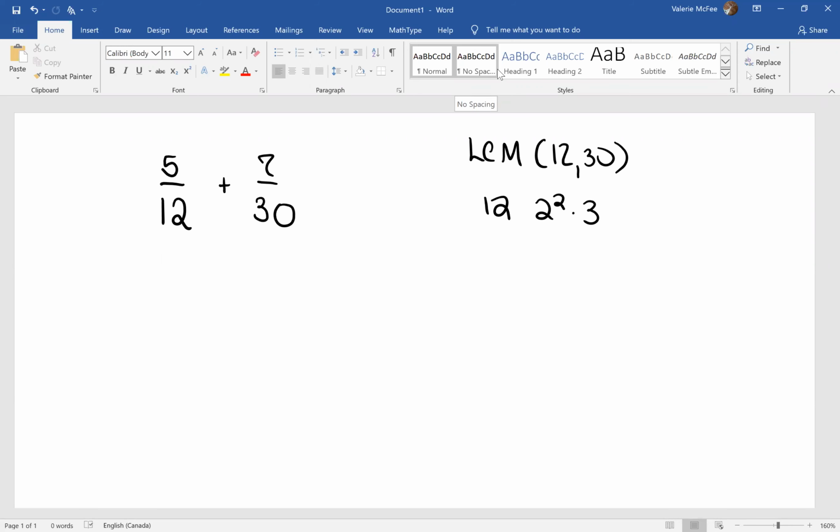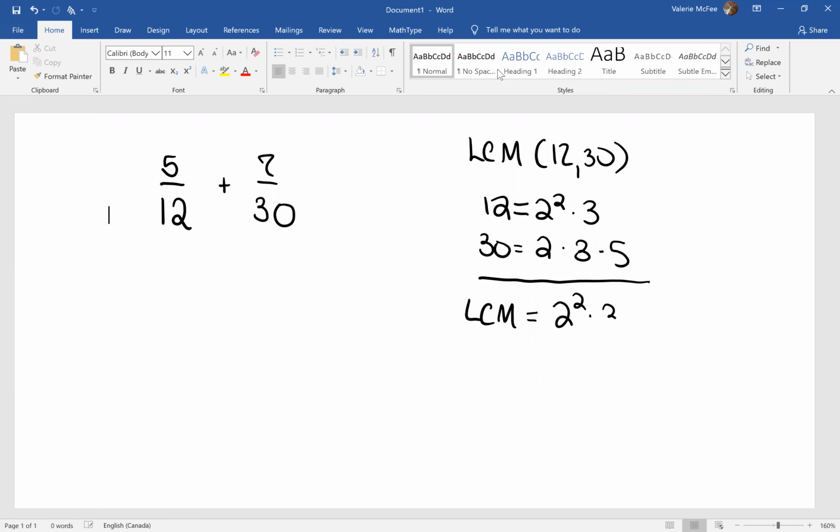That should be an equal sign there. And remembering that we use all of the factors to their highest exponent, 12 needs 2 squared times 3. 30 needs a 2. We have a 2. It needs a 3. We have a 3. We also need 5. So 5 times 4 is 20, times 3 is 60.